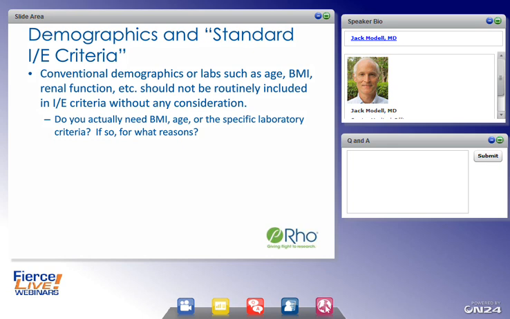Now, BMI actually is an interesting one, because while I'm telling you here, don't have arbitrary criteria, it's very interesting that a lot of times studies will say, well, we don't want hypertensive subjects and we don't want patients likely to be sick or have comorbidities, but geez, there are an awful lot of overweight people, especially in the U.S., so let's allow a BMI up to 35 or 40, not realizing that obesity itself is a disease.